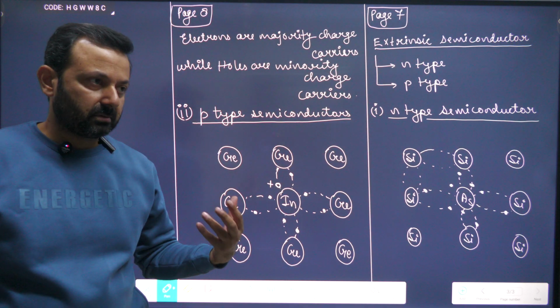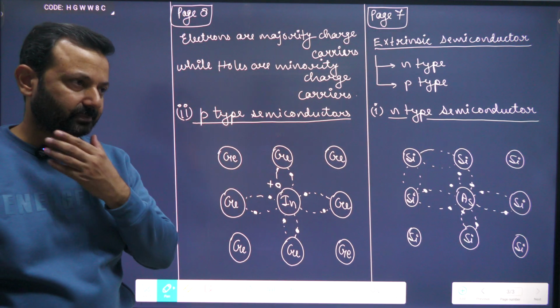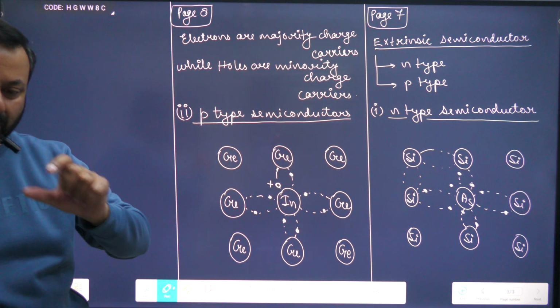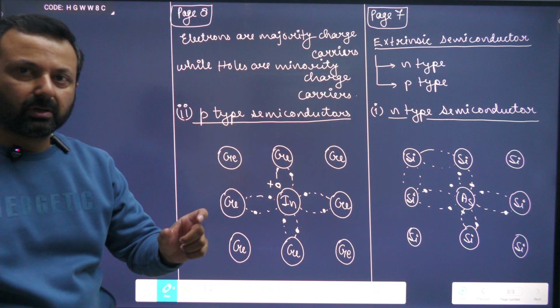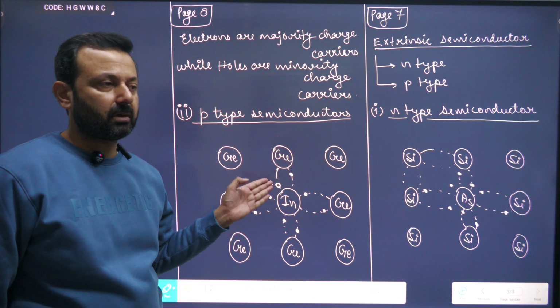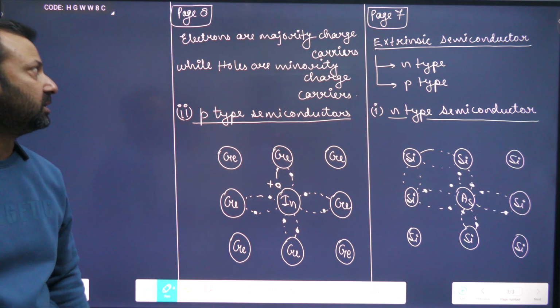We have so many such lattices in the entire germanium or silicon board. So here holes are majority charge carriers. This positive charge is the majority charge carrier.